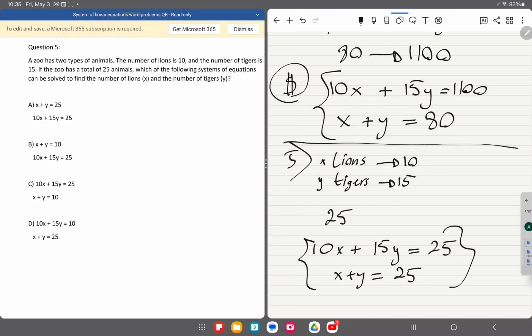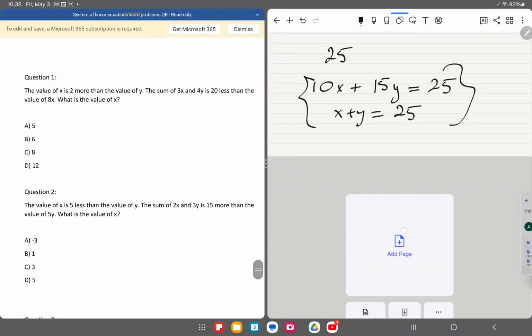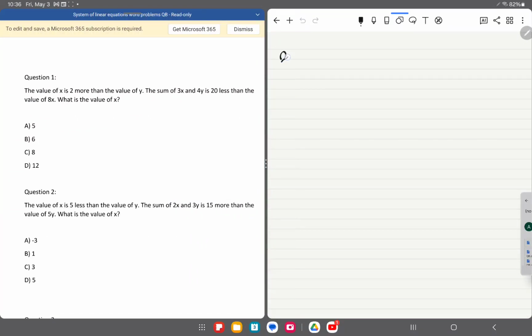If I look at the first equation, it must represent the total number of animals. And the second equation must represent something else. Skip this one. Okay, the value of x is 2 more than the value of, we did this one.